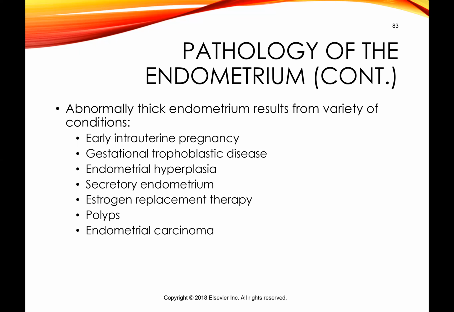Some patients get thicker endometriums in the secretory phase, greater than that. And there's not necessarily anything wrong, but they're greater than the cutoff of normal, so you'll just want to mention that. If a patient's on estrogen replacement therapy, if there's polyps, or if endometrial carcinoma.